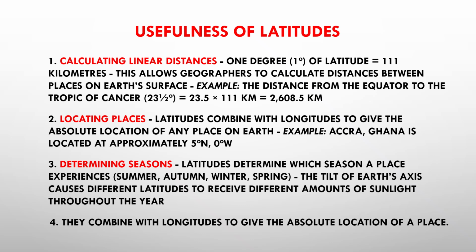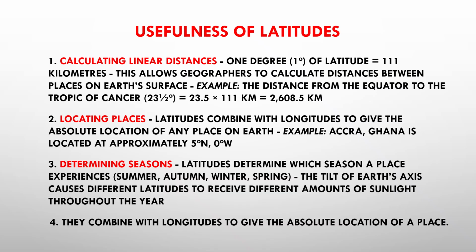This is because of the tilt of the Earth's axis. As Earth orbits the Sun, different latitudes receive different amounts of solar radiation at different times of year. This variation in solar radiation creates the seasons.